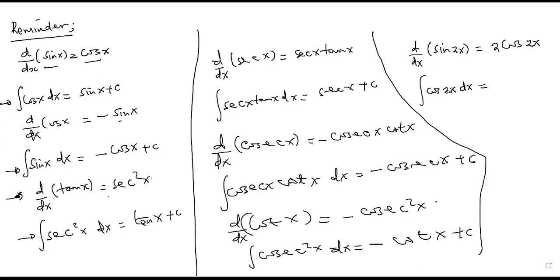Instead, we divide by 2, so it will be a half sine 2x plus a constant of integration. So let's look at the application of this. Let's do some examples and we see.